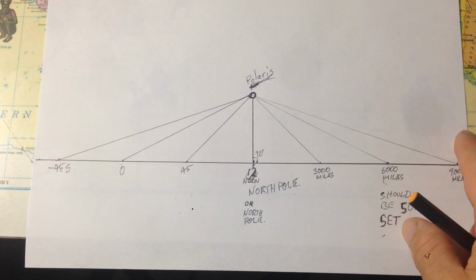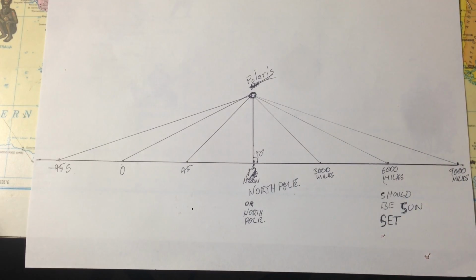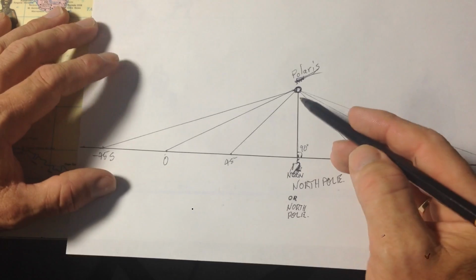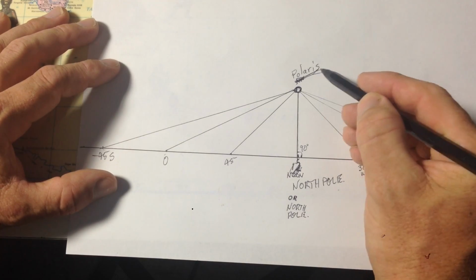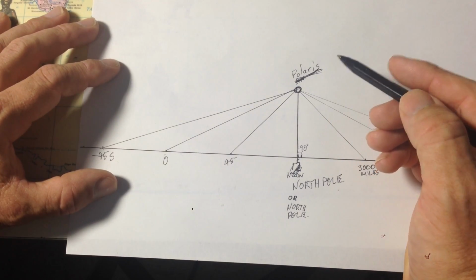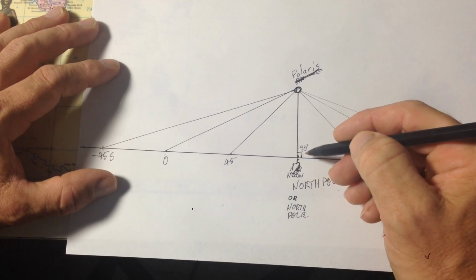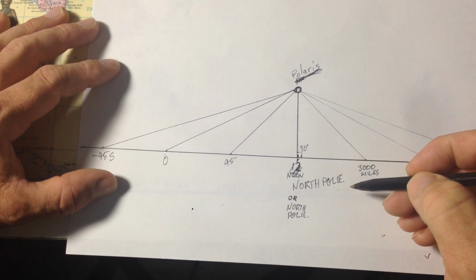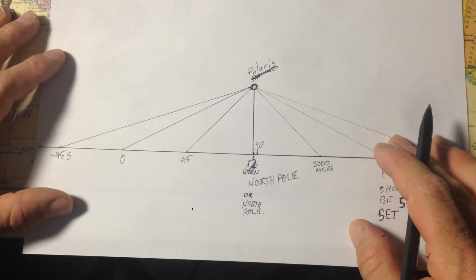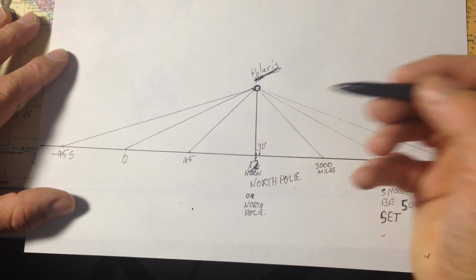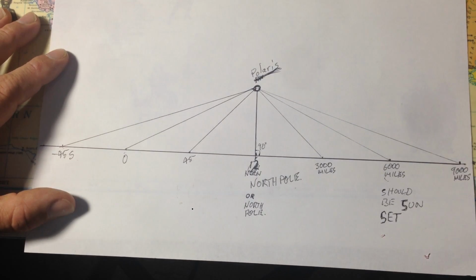Okay, so now we're going to operate in the opposite direction here, and we're going to say that this isn't the Sun anymore, it's Polaris, the North Star. And directly below that, at this point, is the North Pole. We look directly up from the North Pole and Polaris appears overhead.